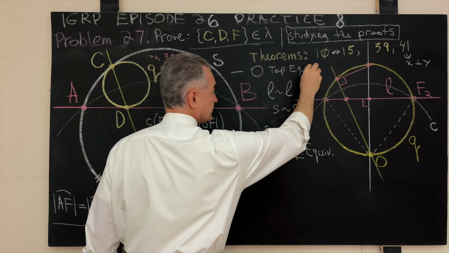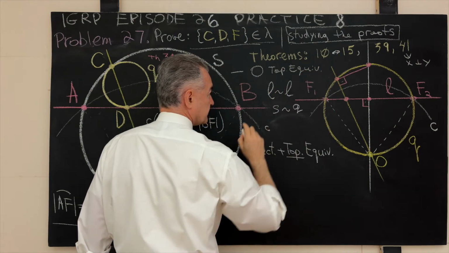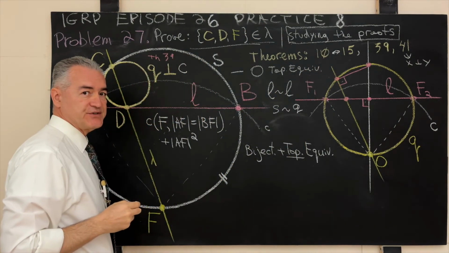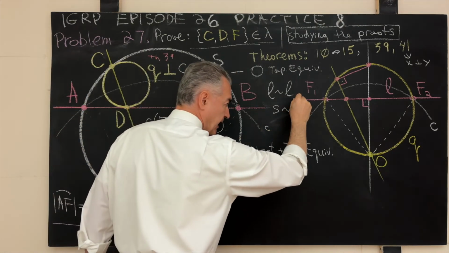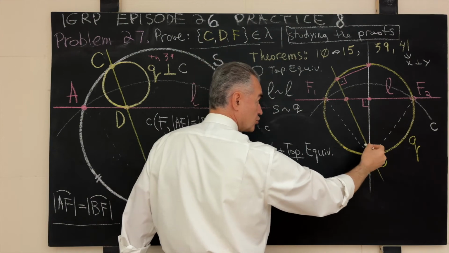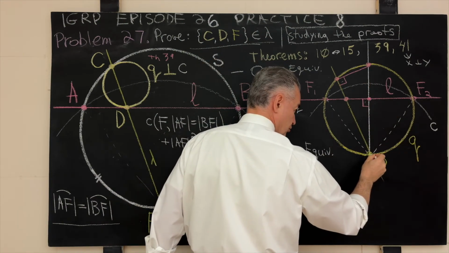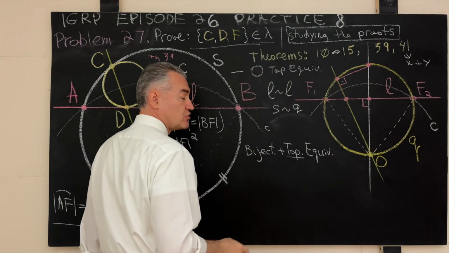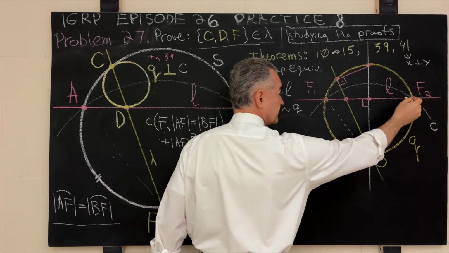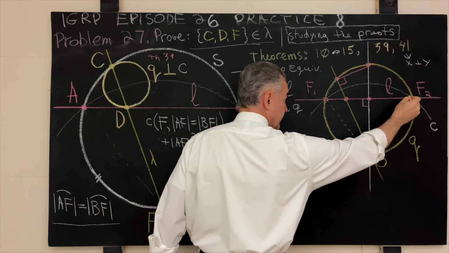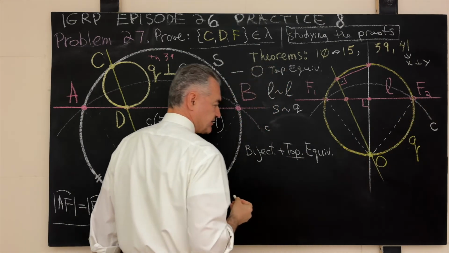And that means that this topological equivalence is established in the following sense. Any straight line that does not pass through the center of inversion is taken into a circle that does pass through the center of inversion, and conversely, any circle that does pass through the center of inversion is taken into a straight line that does not pass through the center of inversion.